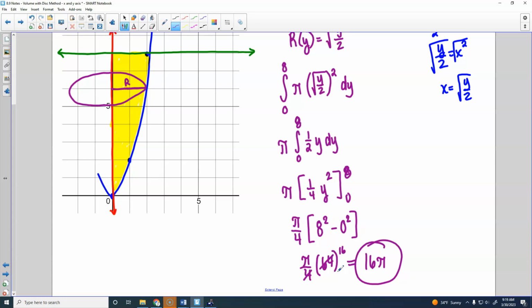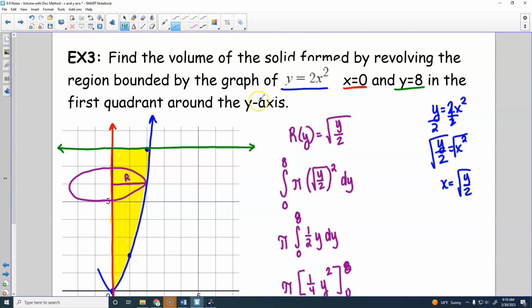You have to have a dy, y's in your equation. If you're rotating around a horizontal axis, today all you'll see is the x-axis, but that could also be other horizontal lines, it's going to have to be in terms of x. Yeah, they have to match. And so this equation looks like it's going to be x's, but since you're rotating around the y-axis, you have to change stuff to y for that.